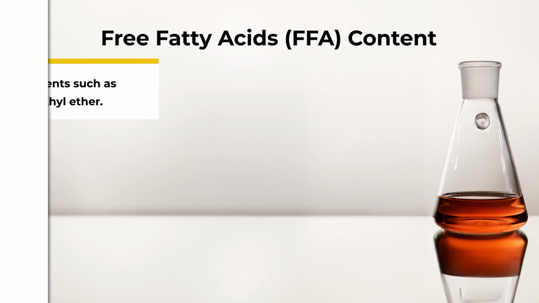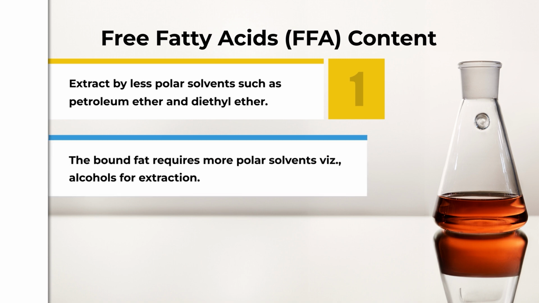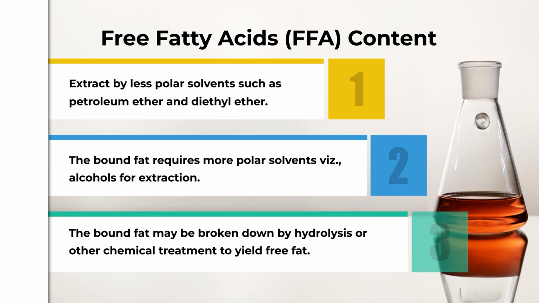For that, you do a simple extraction with diethyl ether or petroleum ether. They are non-polar solvents. So you collect the fat in that, and whatever is present as free fatty acid in bound form, you do it by extraction with polar solvents like alcohol. So you collect the fat as such, which is free.